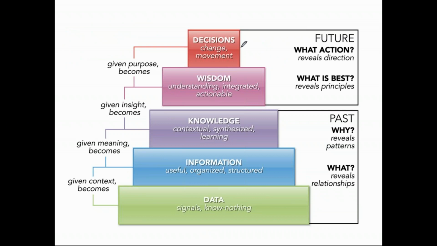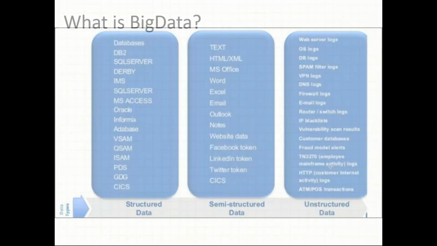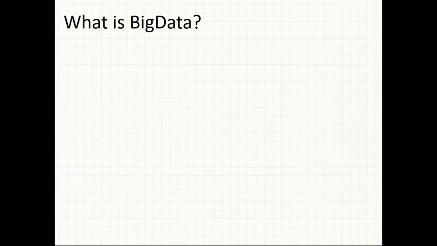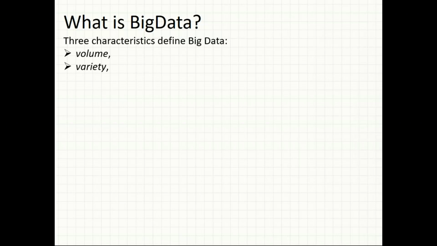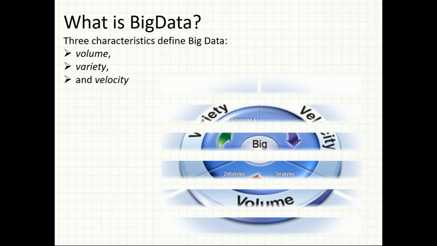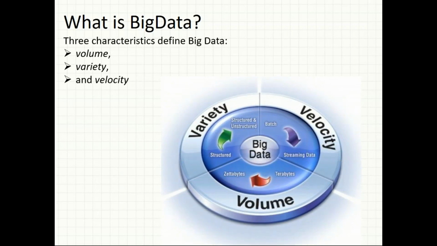So now it is time to talk about what is big data. Big data is anything which has got three essential characteristics: volume, variety, and velocity. These are the three essential characteristics with which we define big data.